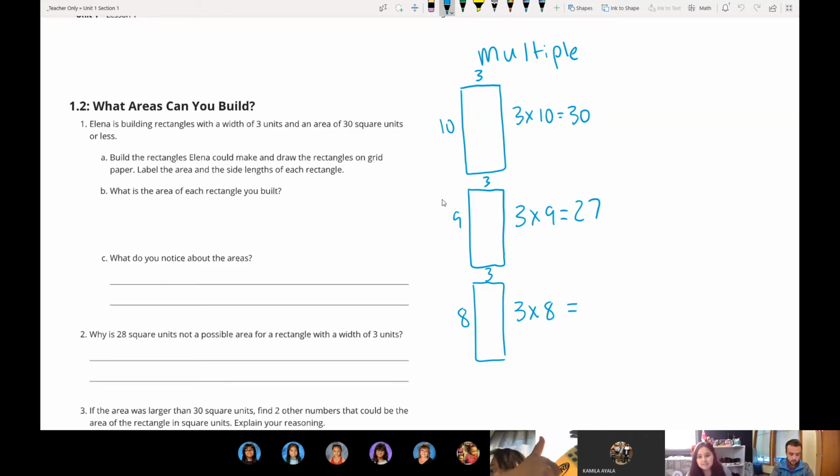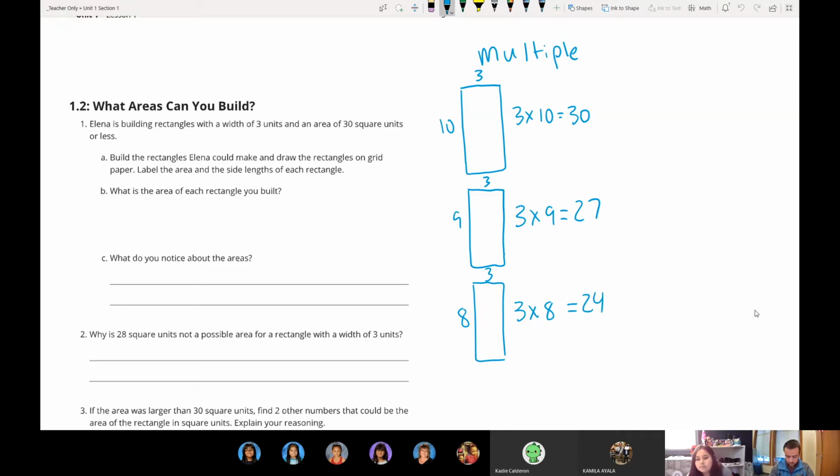So we know 3 times 9 gave us 27. What's 3 less than 27? Because that's 3 times 8. 24.